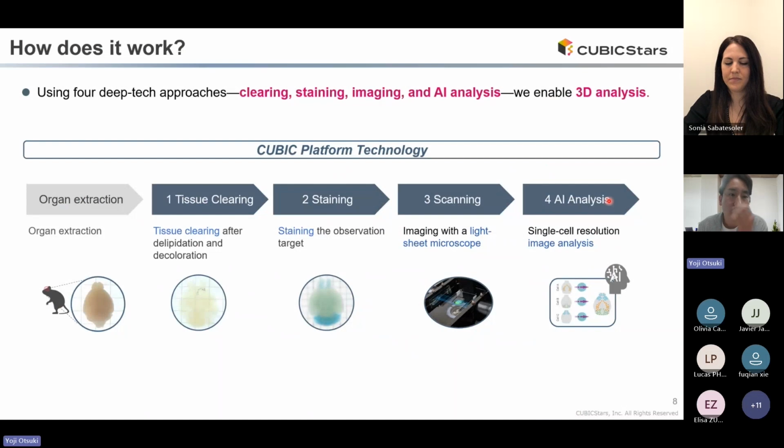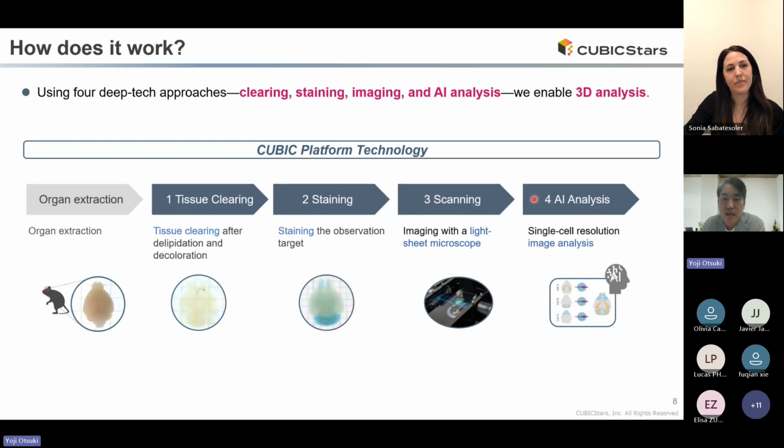So how does it work? We're going to briefly touch on the technology and science itself. Our platform integrates four core steps: tissue clearing, 3D immunostaining, imaging, and finally data analysis.